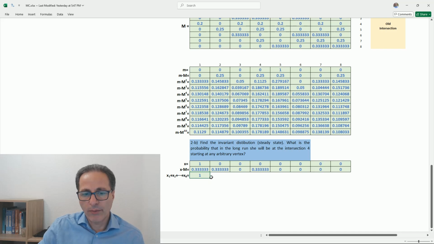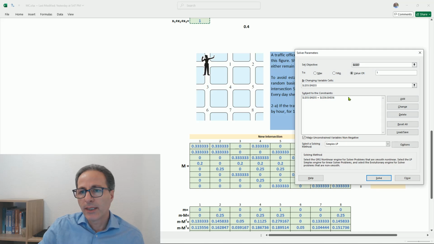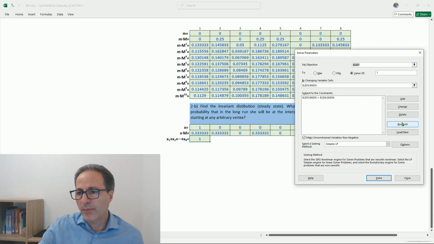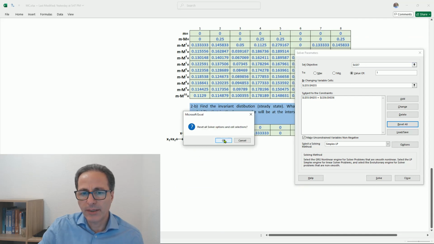Now we want to solve it. We want to go again to the solver. This time we selected this cell. Let me reset again and do it again.